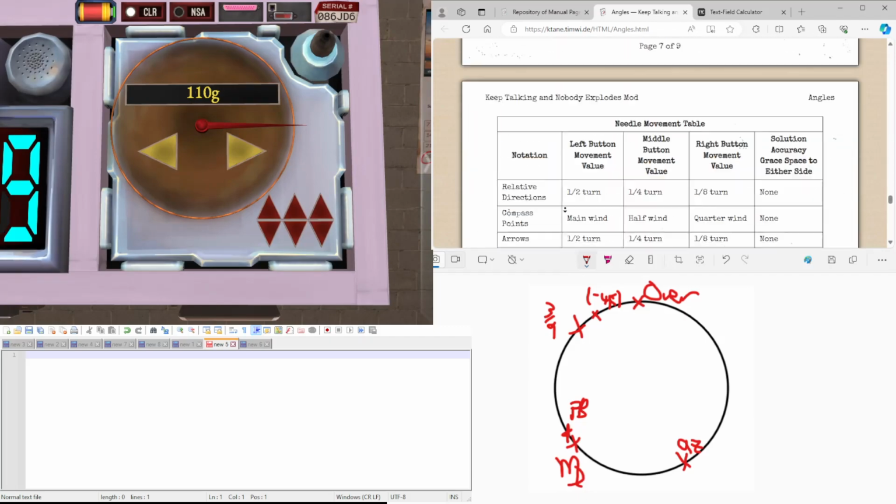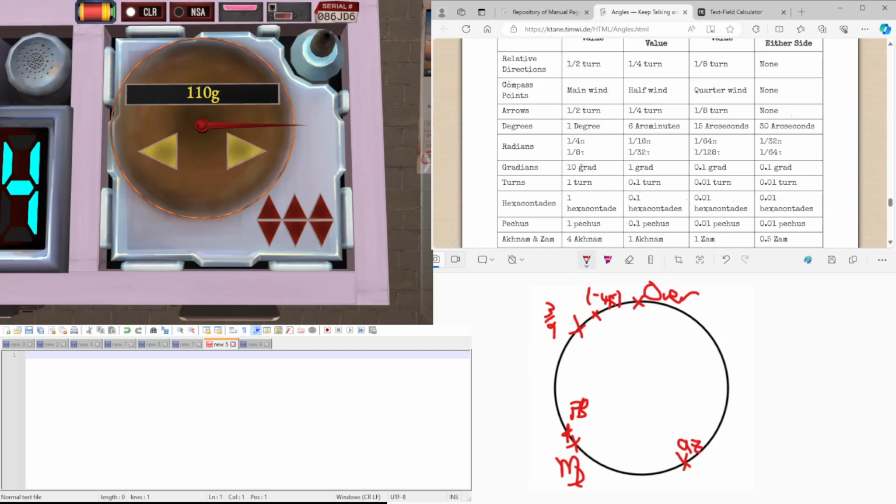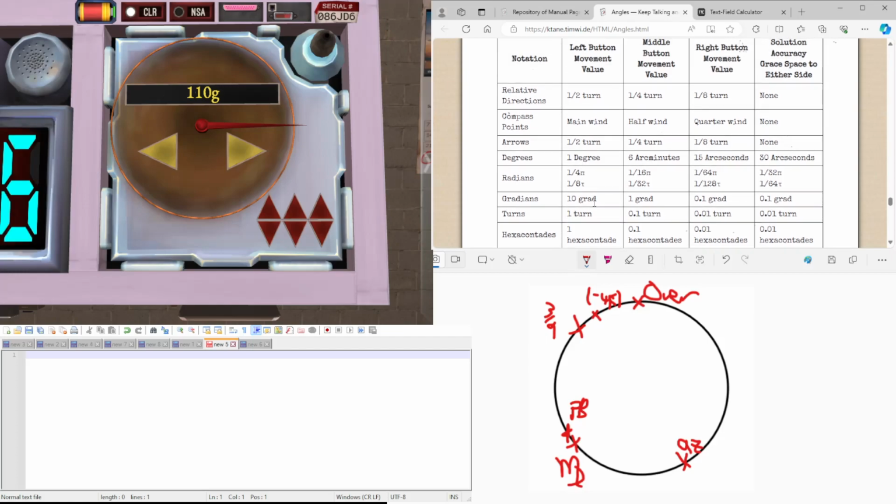And using the table here again, we need to go 110 gradients, so we can just press this one 11 times. 1, 2, 3, 4, 5, 6, 7, 8, 9, 10, 11. So pretty much roughly what you would expect it to be.